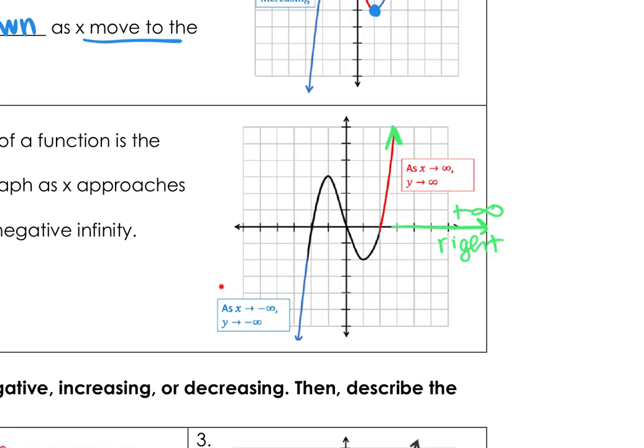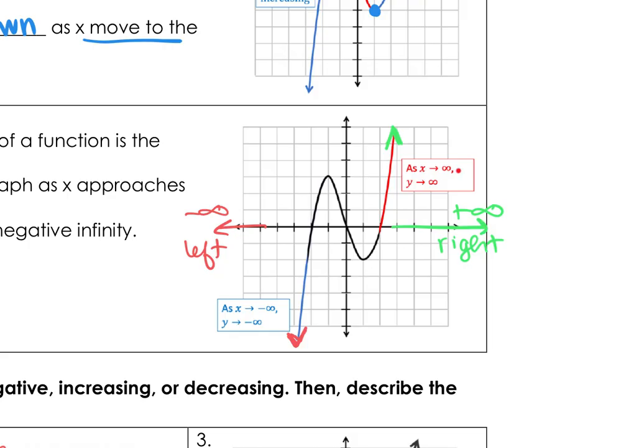Then this notation means as x is approaching negative infinity, which is over here on the left side of the graph. Look at the arrow on the left side. It is pointing down, which means as my x is going towards negative infinity, my y is also approaching negative infinity.